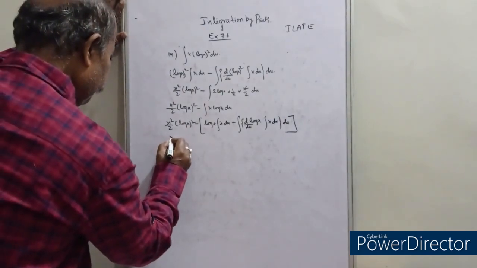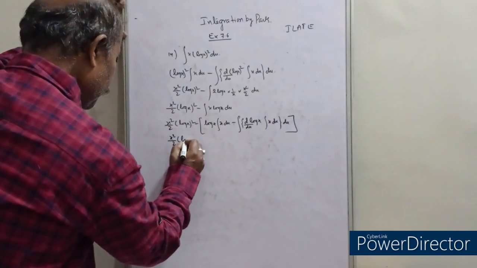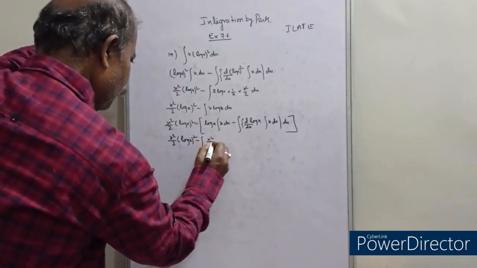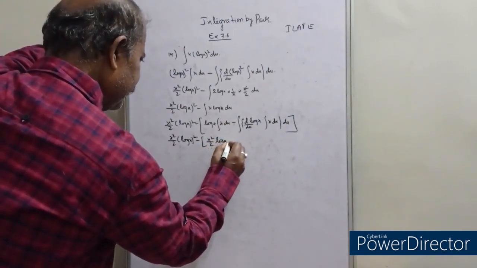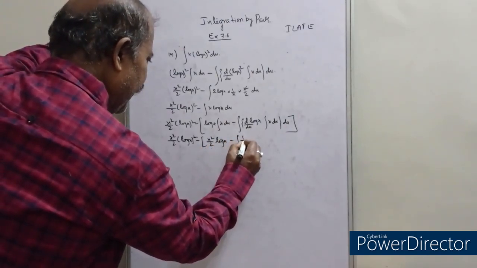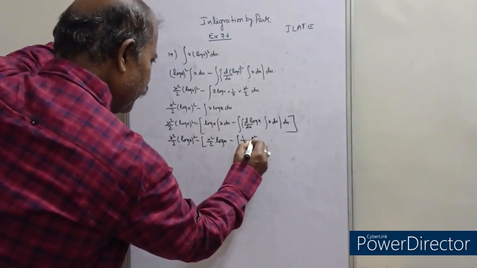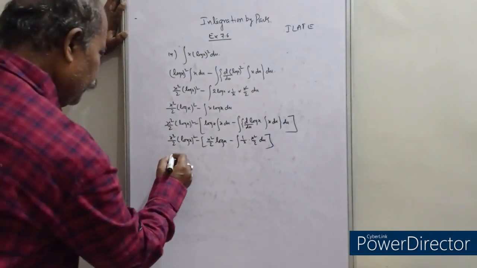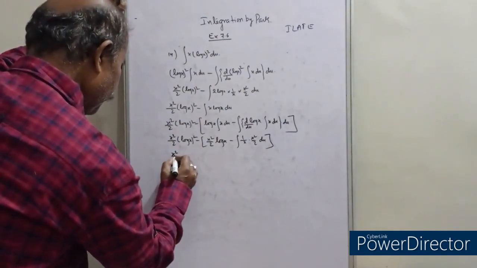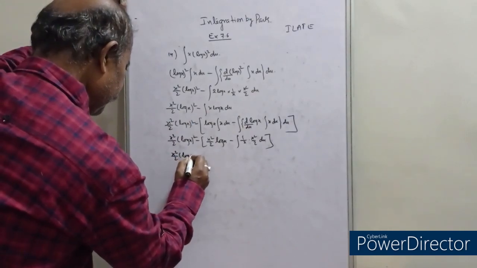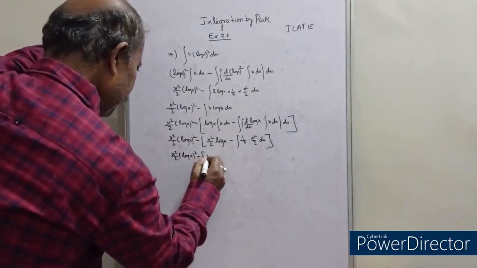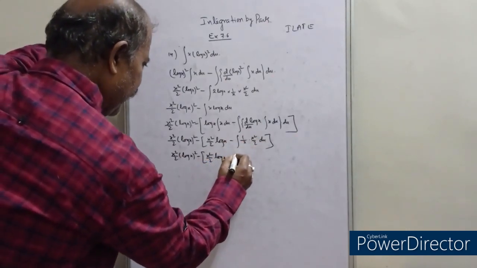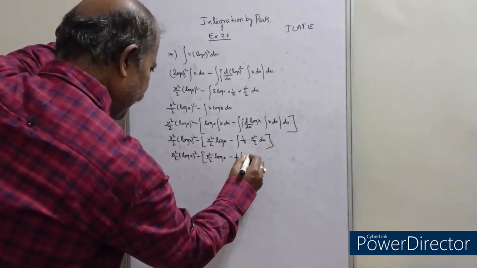So here this is x square by 2 log x the whole square minus, so this will be x square by 2 log x and this will be 1 by x and this is x square by 2 dx. Now again here this will be x square by 2 log x the whole square minus this will be x square by 2 log x and here one x cancels out, here remains x dx.